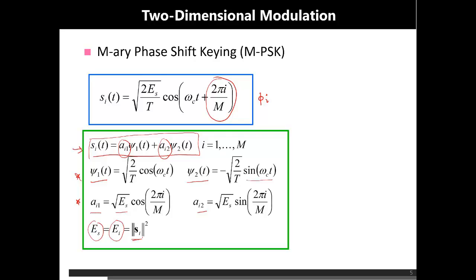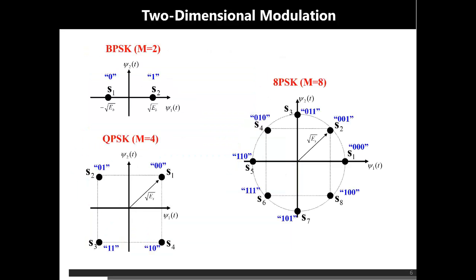In ASK, we have seen that the amplitude and the symbol energy of each constellation point was different from all the others. But in the case of PSK, the amplitude and the energy of the constellation points of each of the PSK symbols will always be the same. They will not depend on the value of i.